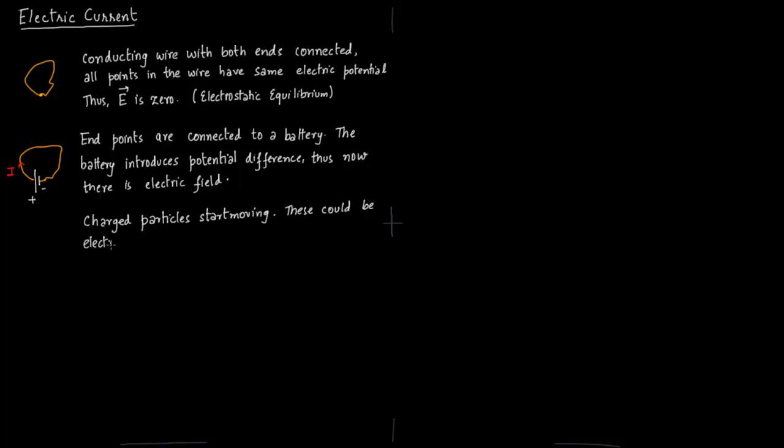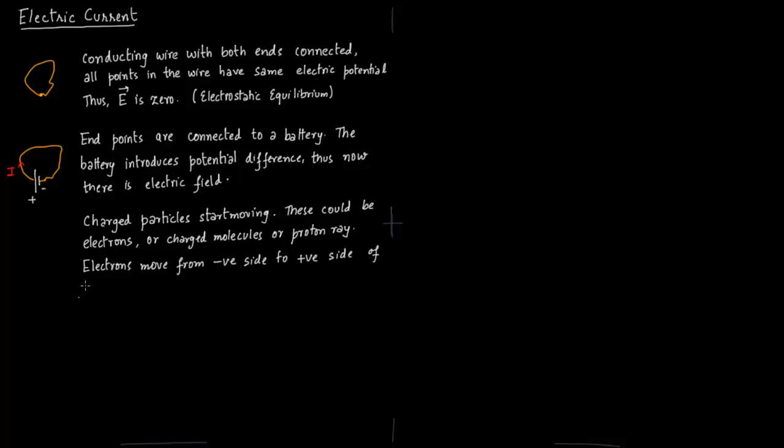These charged particles could be electrons, they could be charged molecules, or in certain experiments this could be just a proton ray that is just positively charged particles. So it could be anything. Now generally we consider only electrons, and electrons move from the negative side of the battery to the positive side of the battery.